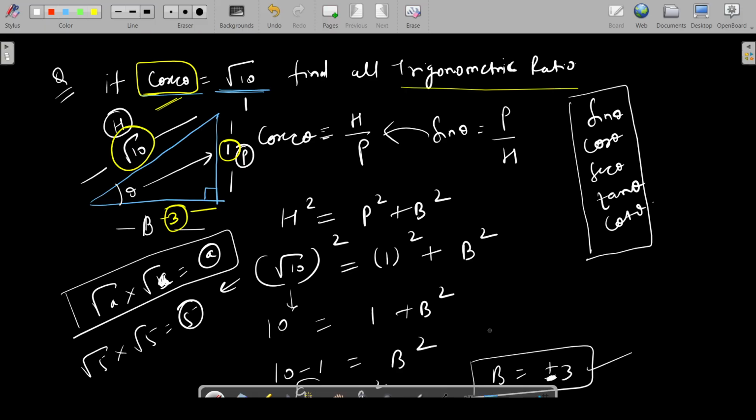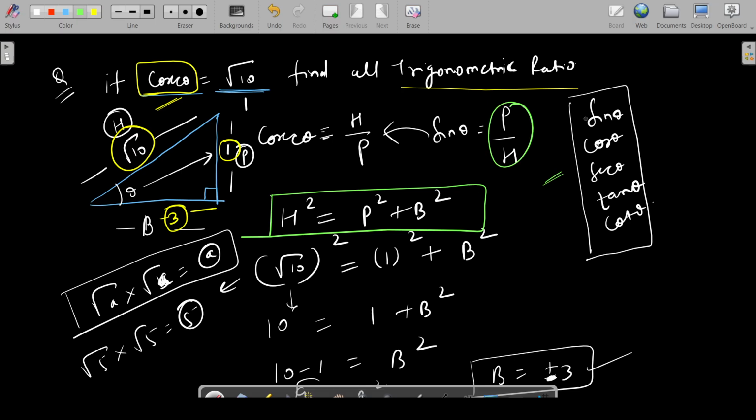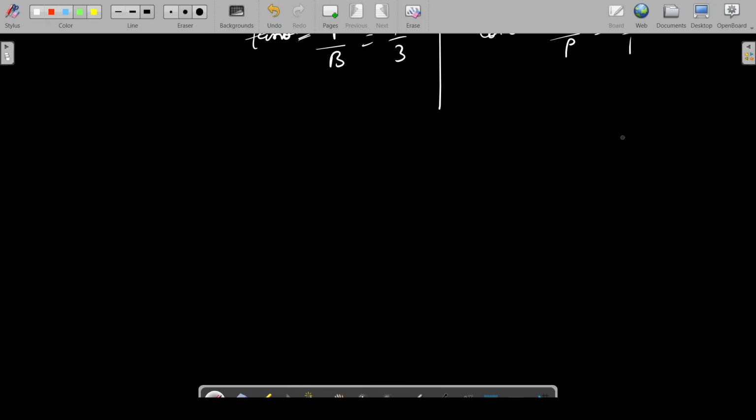Again, the key thing is that you should always keep in mind hypotenuse square equals perpendicular square plus base square, and all the standard results, what you mean by sine theta, what you mean by cos theta. These 3 are the most important because the rest 3 are reciprocals. So focus on sine theta, cos theta and tan theta, because cosec theta, sec theta and cot theta are reciprocals. Let me summarize it.